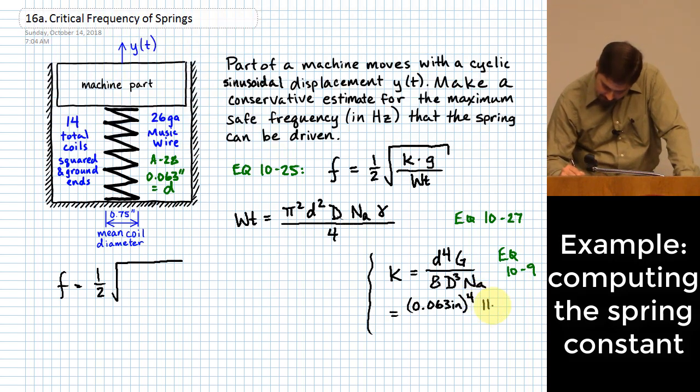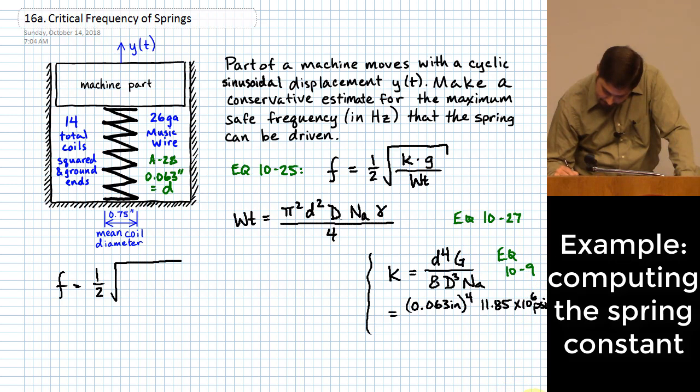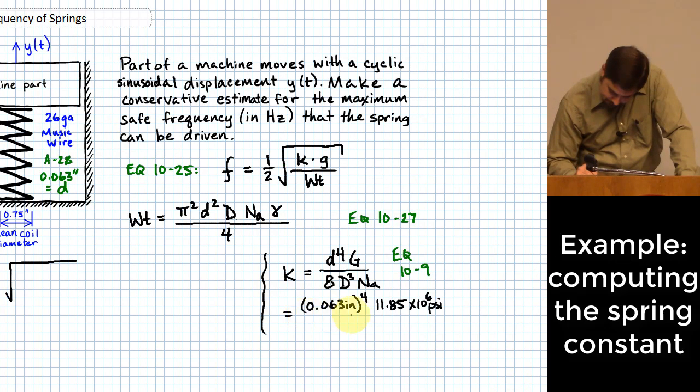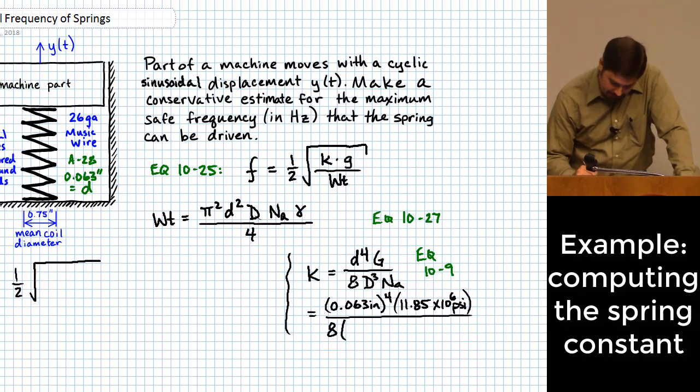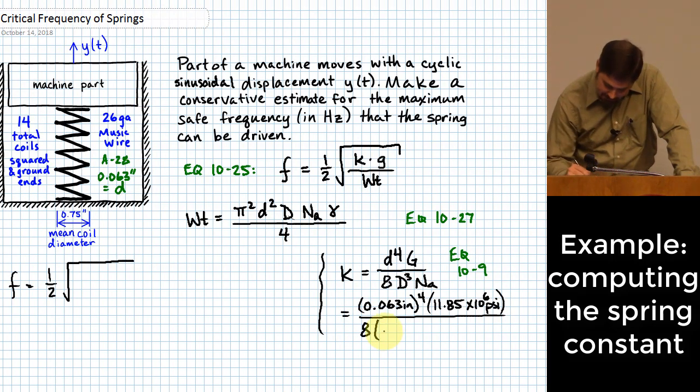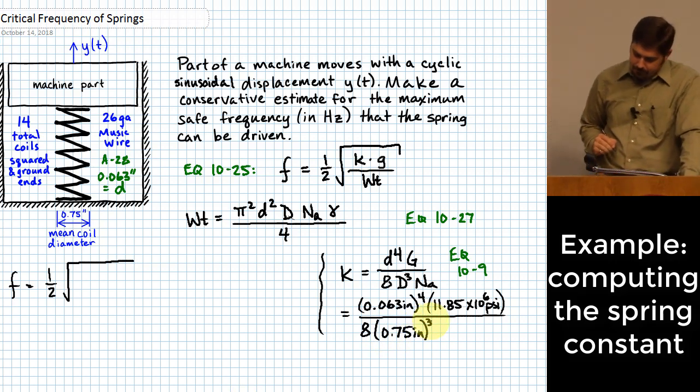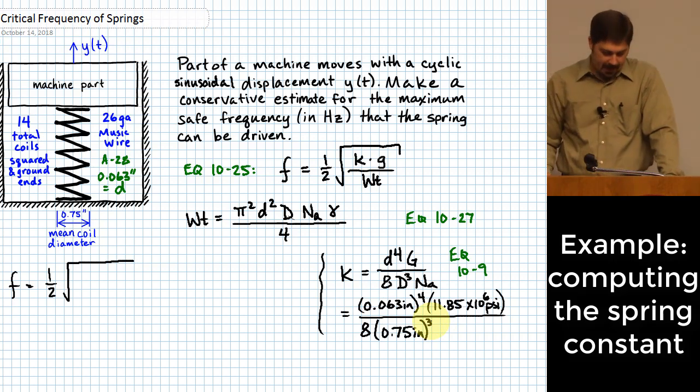Okay, so 11.85, and that actually is times 10 to the 6th psi. In the denominator, I put in 8. And then the mean coil diameter is given over here of 0.75 inches. That's cubed.